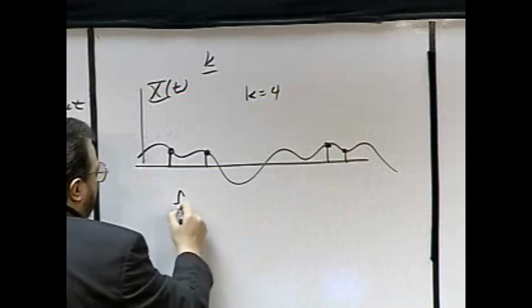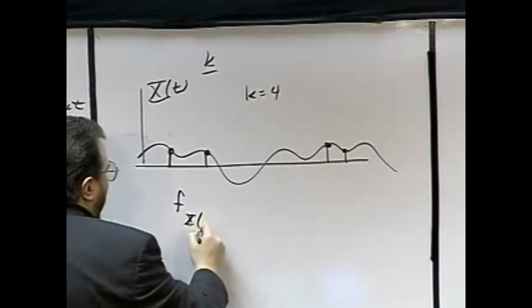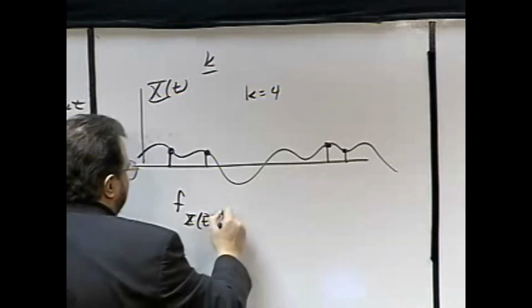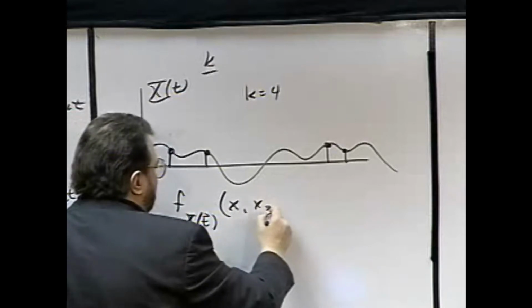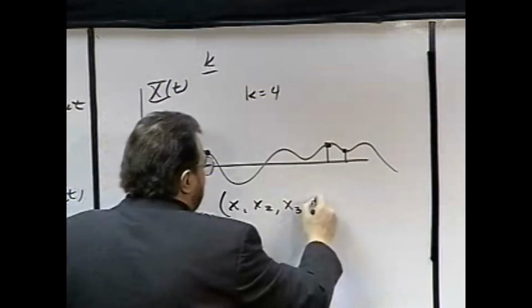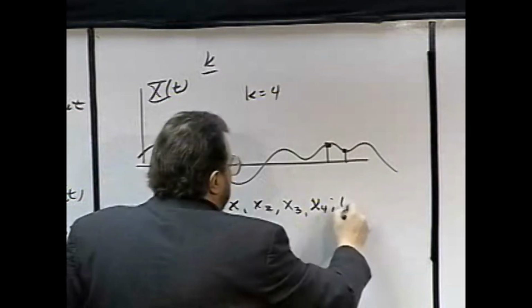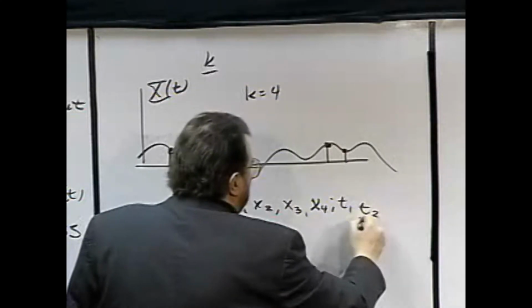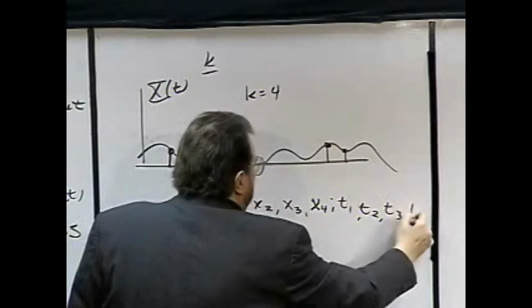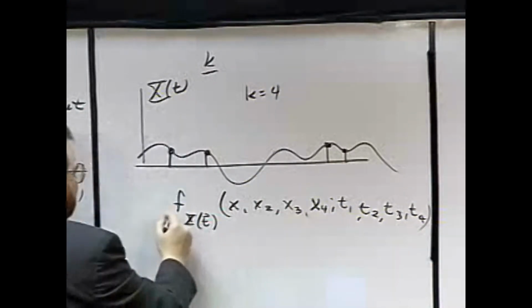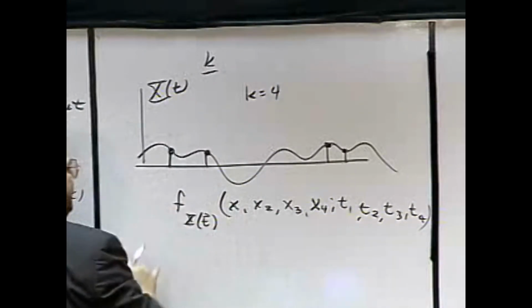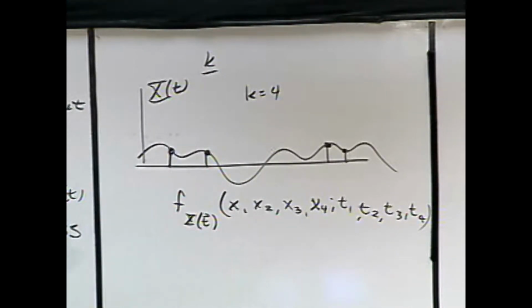I'm going to get a two-dimensional random variable, right? No, I'm not. I'm going to get a four-dimensional random variable. And say this is the density function for those choices of four random variables. Clearly, if I change the locations here, I'm going to change this function, right?